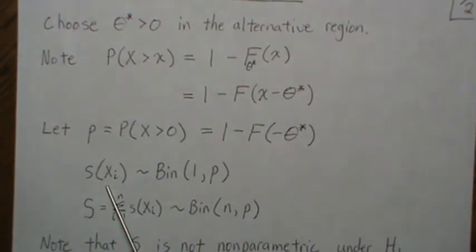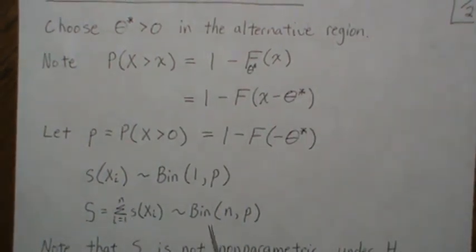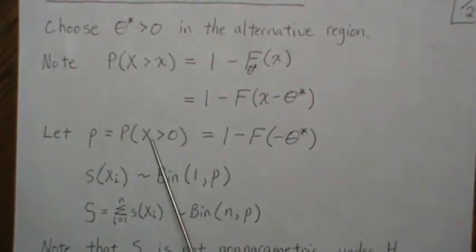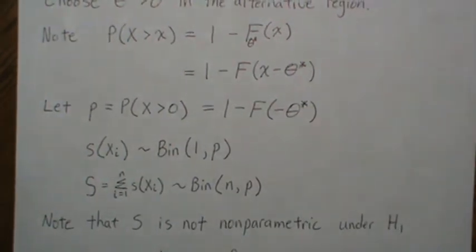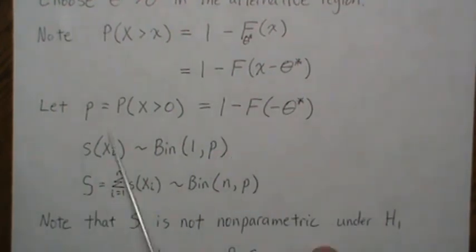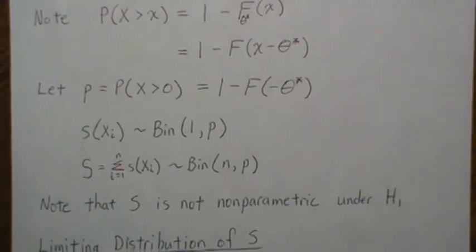So when we sum them, we get a binomial of n and p, where p, of course, is the probability of being greater than 0 under the alternative. Note that S is not non-parametric under H1. And then you can do this to calculate power given certain distributions.